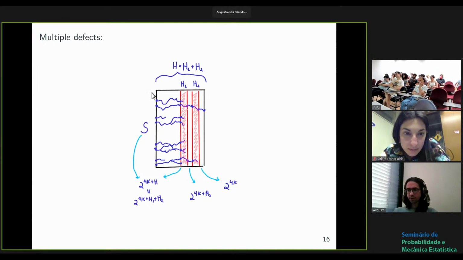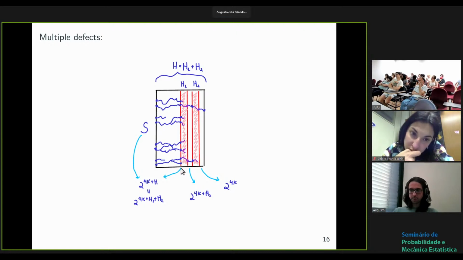So you see we're crossing something of larger scale, and inside there are two defects of scale K. So you see the small defects are H1 and H2, and the big one is H. We start with an army that is supposed to be enough to cross the big thing. So it has size 2 to the 4K plus H. And you see H is the sum, so you can write it as such. Crossing the good part doesn't reduce our army. It's a lemma that I didn't show.